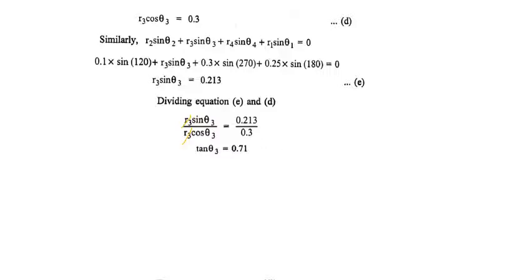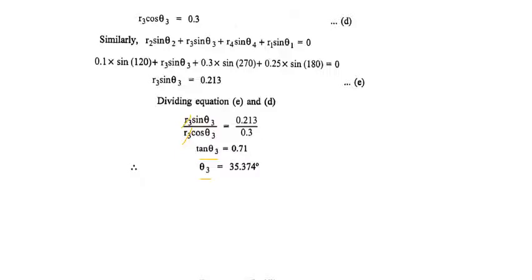If I divide 0.213 by 0.3, I get 0.71. So tan theta 3 is equal to 0.71. Therefore theta 3 is equal to tan inverse of 0.71. After simplifying, I got theta 3 is equal to 35.374 degrees. So this is the value of theta 3.